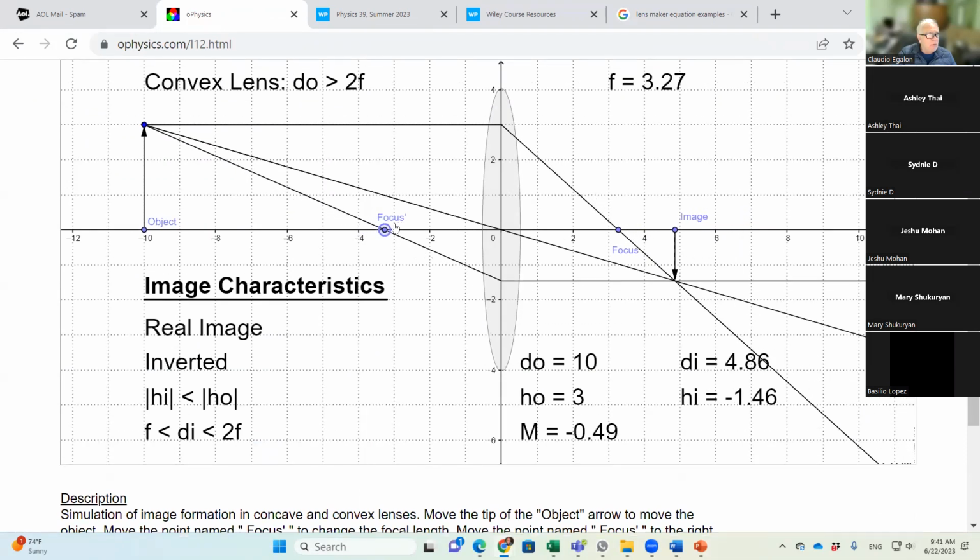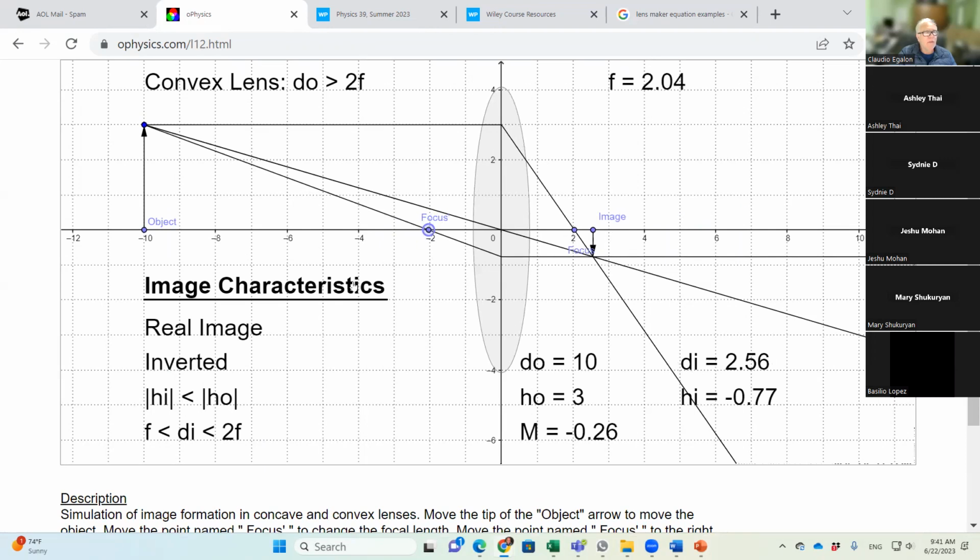I want to make it closer. Note that the smaller the focal distance, the thicker the lens is, right? You must refract more. In order to get the focal point closer, you gotta refract it more. He's using exactly the same light rays that I used, right? Parallel to the axis, through the center of the lens, and passing through the mirror image of the focal point, F prime. Okay, he's using exactly the same light rays.